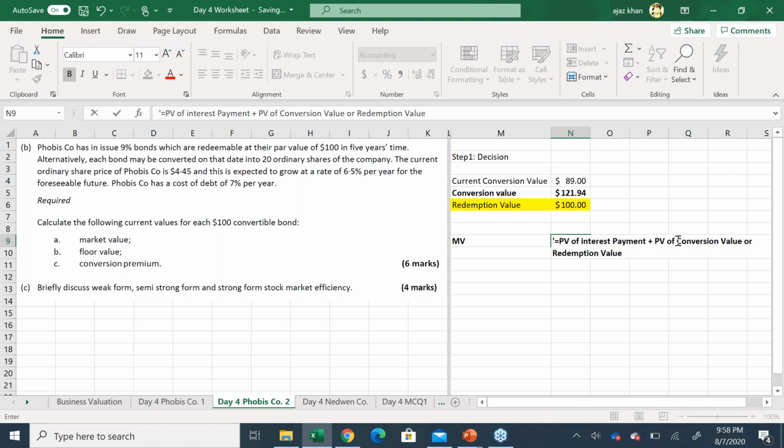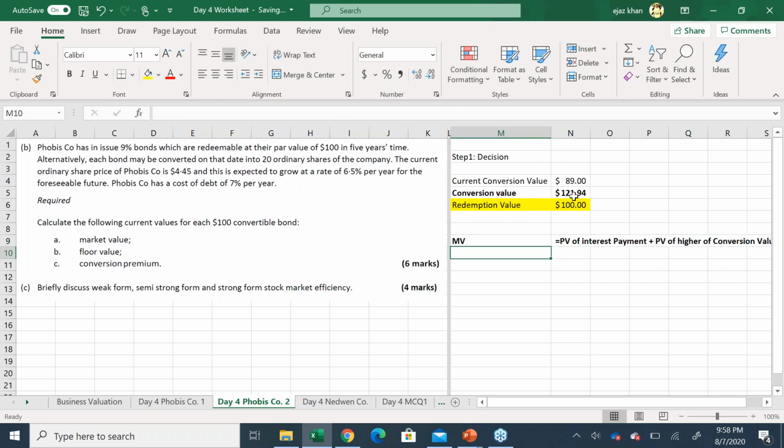Remember this formula: present value of interest payments plus present value of higher of conversion value or redemption value. So whichever is higher between the two, we should pick that one.